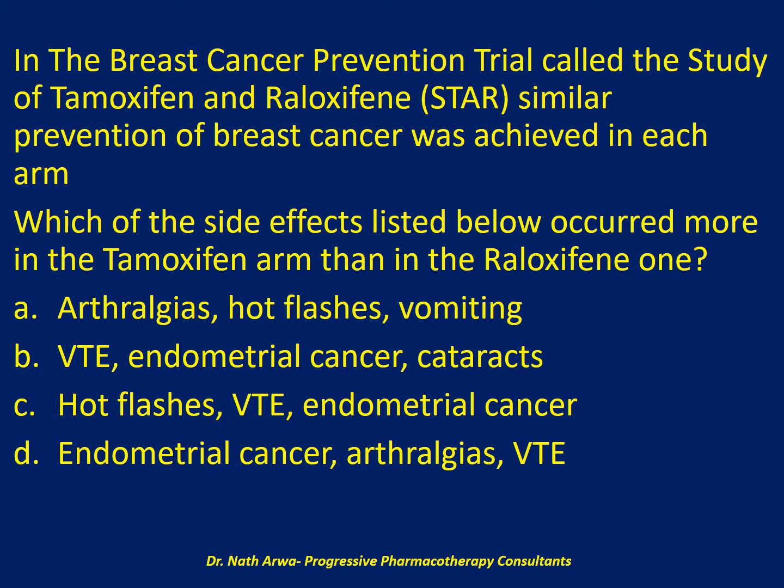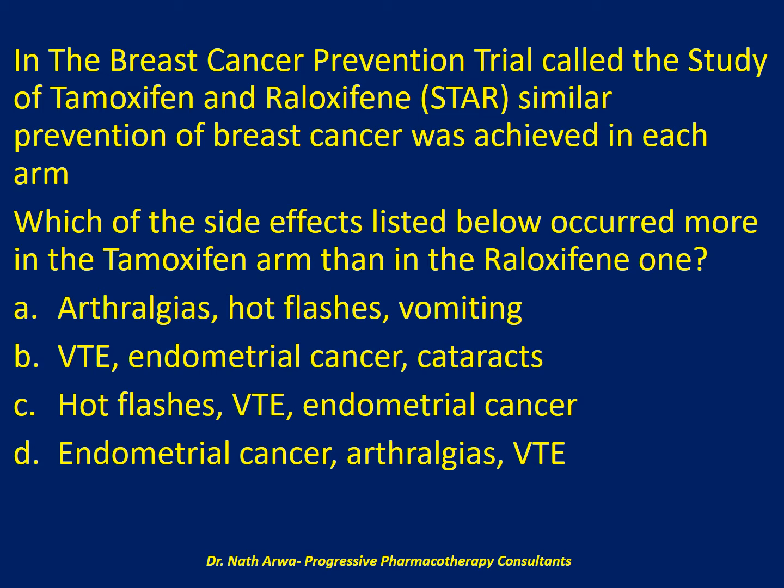And the next question reads, in the breast cancer prevention trial called the Study of Tamoxifen and Raloxifene, abbreviated as STAR, similar prevention of breast cancer was achieved in each arm. So my question to you is, which of the side effects listed below occurred more in the tamoxifen arm than in the raloxifene arm?